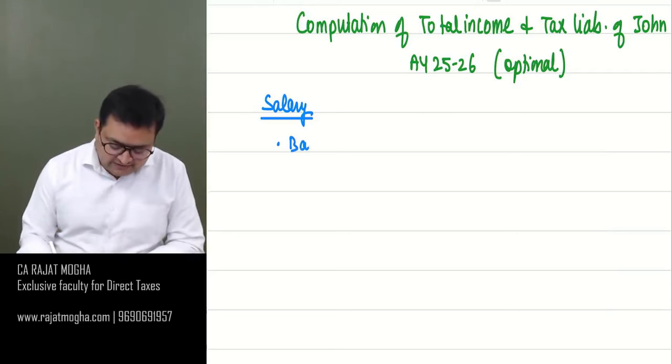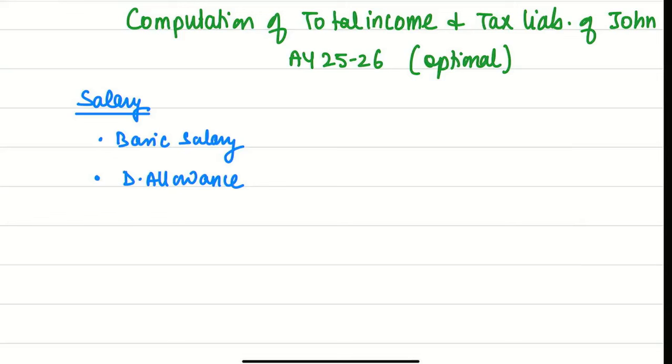We are getting basic salary, we understood. We are getting DA allowance also. Everybody, keep on writing it.